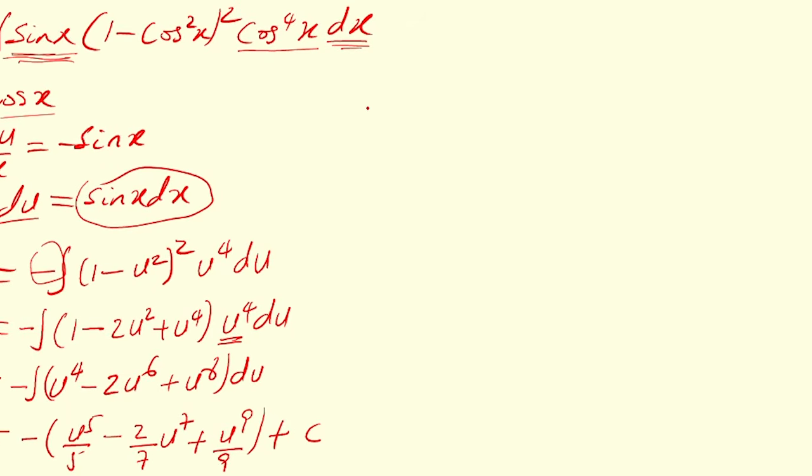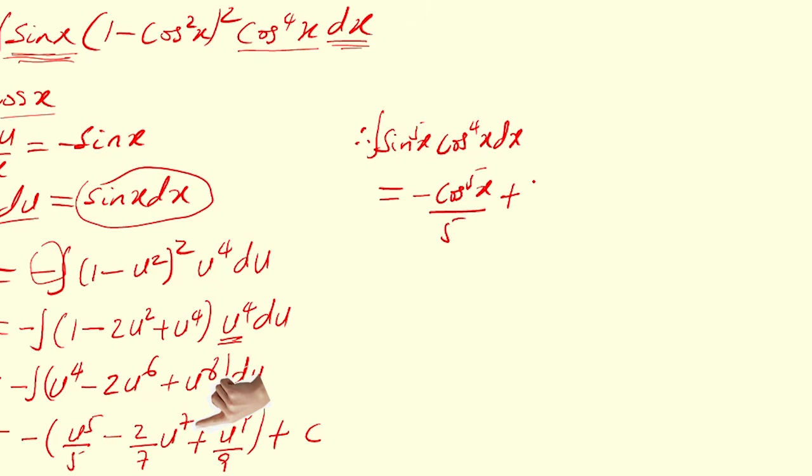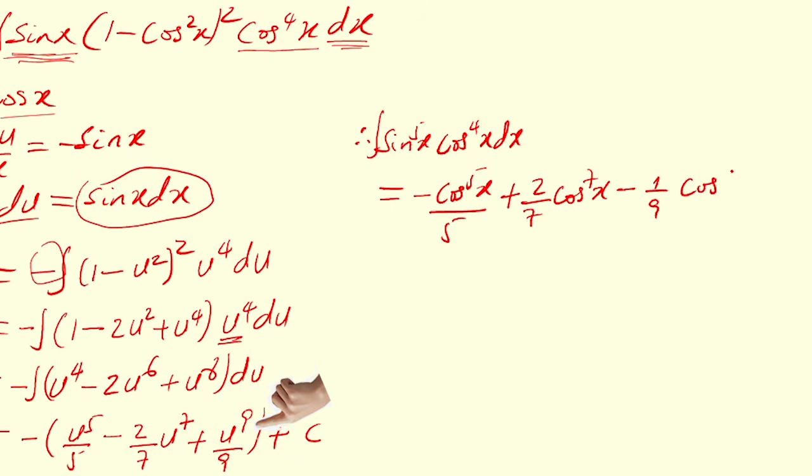Therefore, the integral is equal to minus cos^5 x over 5 plus 2 over 7 cos^7 x minus 1 over 9 cos^9 x plus constant c.